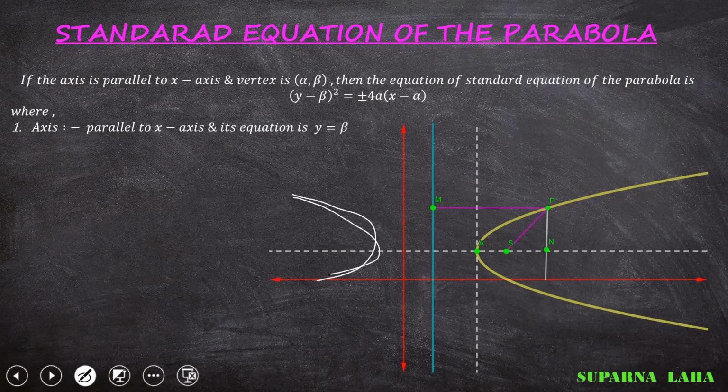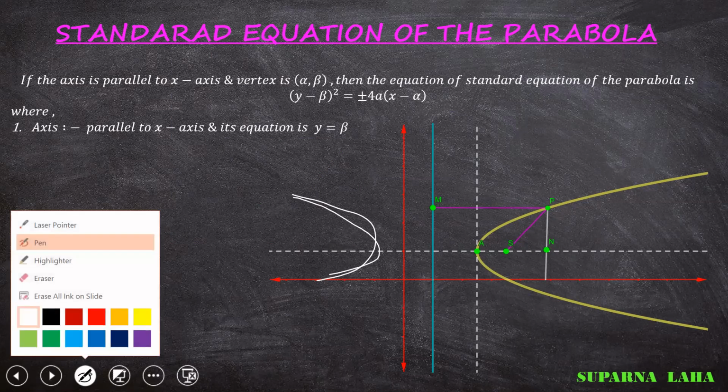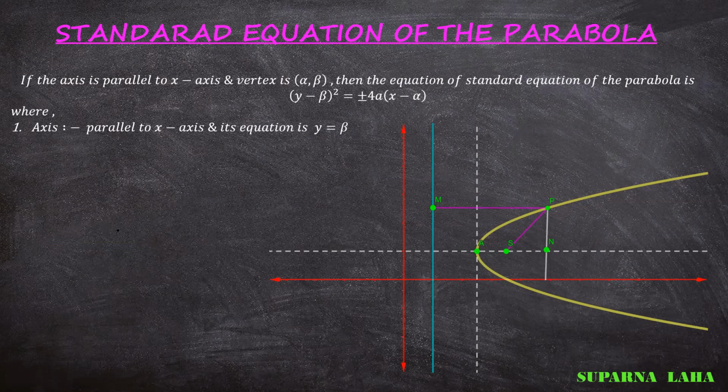So we are talking about this positive sign. Look at here, the axis is parallel to the x-axis and its equation is y = β. Now next, the coordinate of the vertex is (α, β).